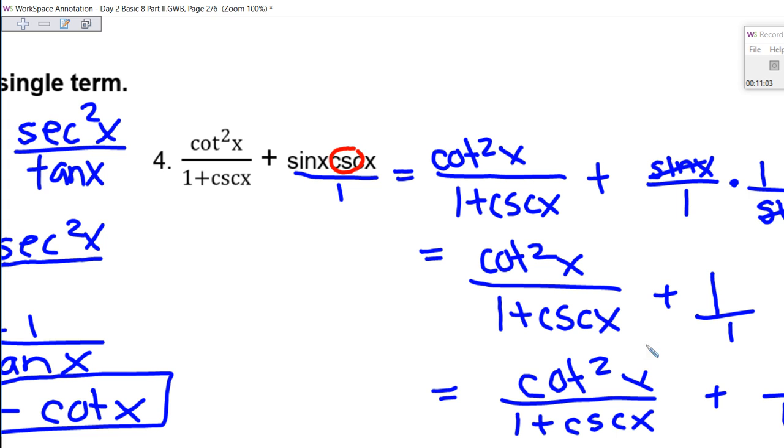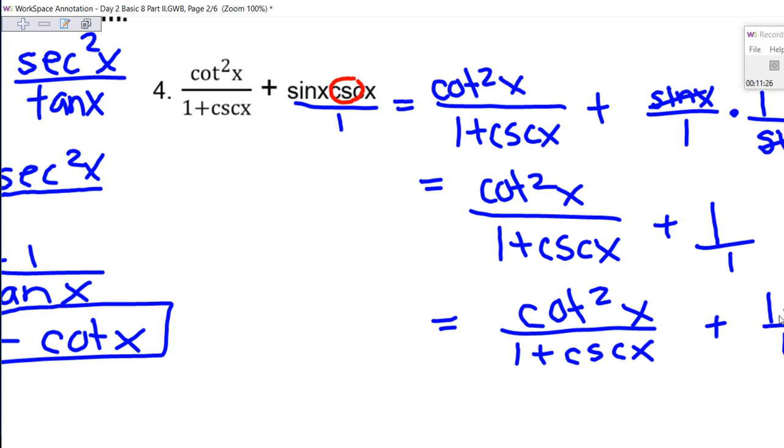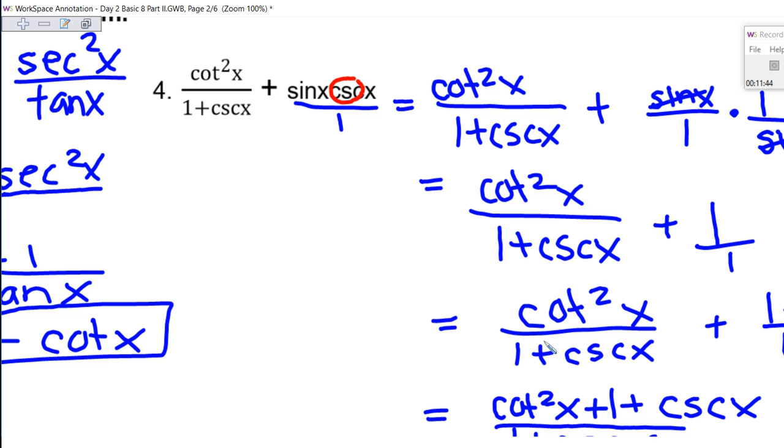If I multiply the 1 in the numerator by 1 plus cosecant of x, I get the same, 1 plus cosecant of x. And this is equal to 1. 1 plus cosecant of x divided by itself is equal to 1. And now that I have a common denominator, now I can add them together so the denominator stays the same. And adding the numerators, we get cotangent squared of x plus 1 plus cosecant of x.